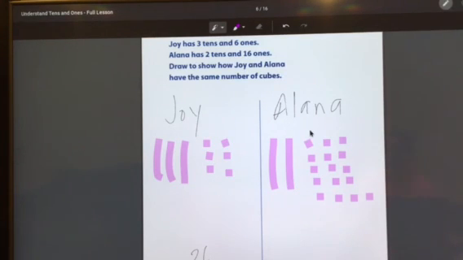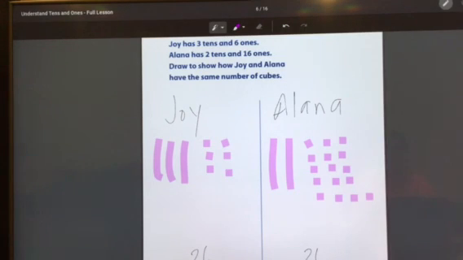And Alana over here has 10, 20, 21, 22, 23, 24, 25, 26, 27, 28, 29, 30, 31, 32, 33, 34, 35, 36. Alana has 36 cubes also.